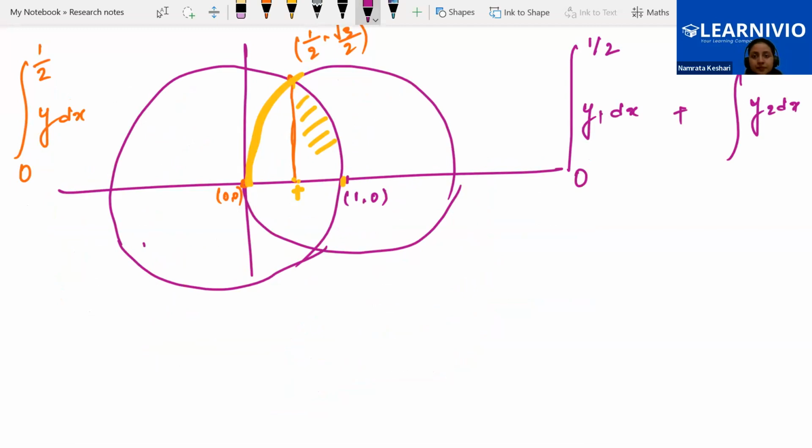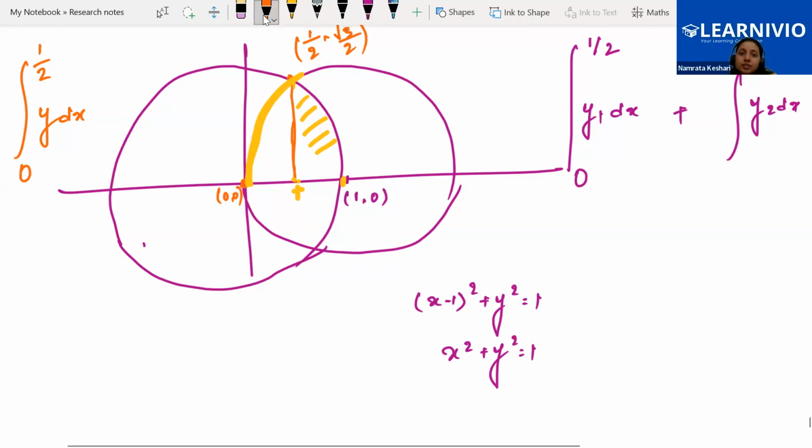The second circle. Is it this circle or this circle? x square plus y square equals 1. No. x square plus y square equals 1 is this circle, Murtaza, where the center is 0, 0. That is this circle, the black circle.